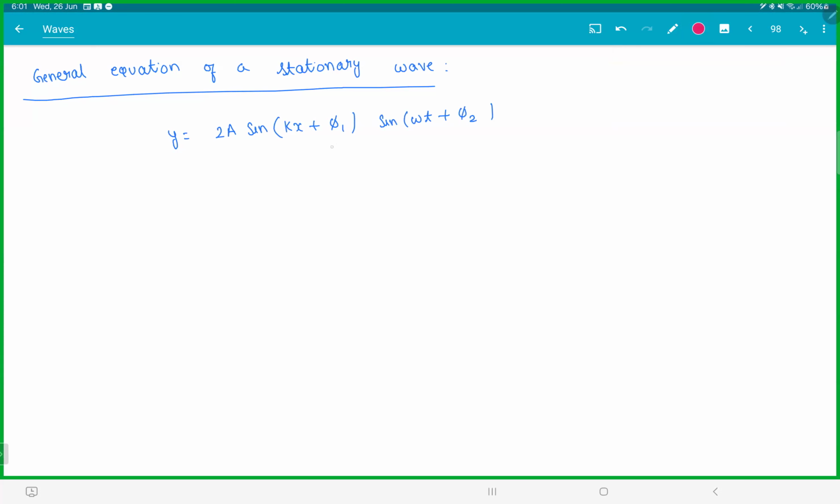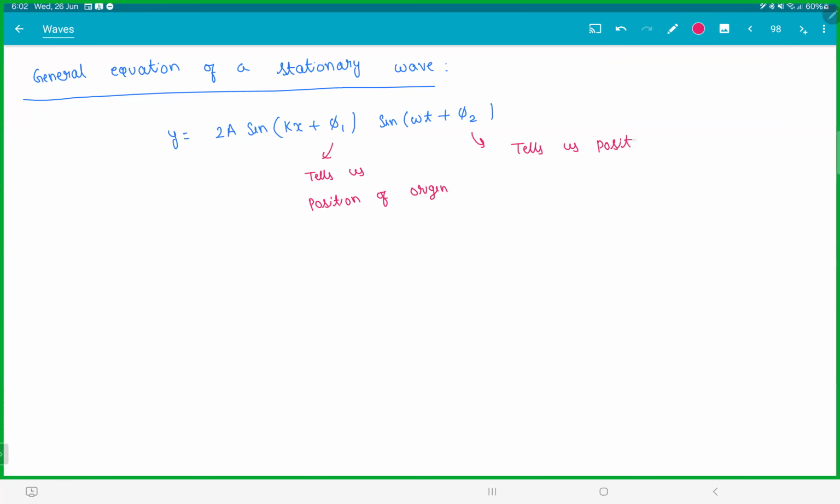So this phi 1 tells you the position of origin. This phi 2 tells you position of string at t is 0.